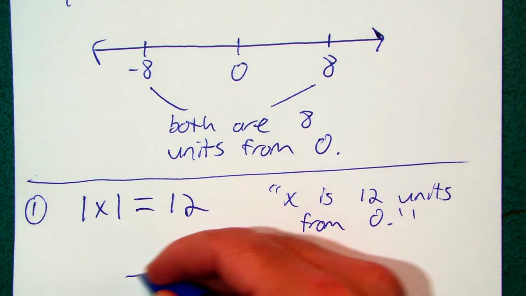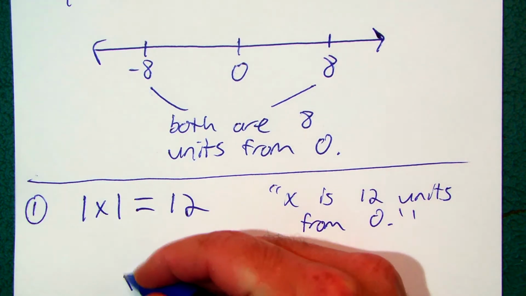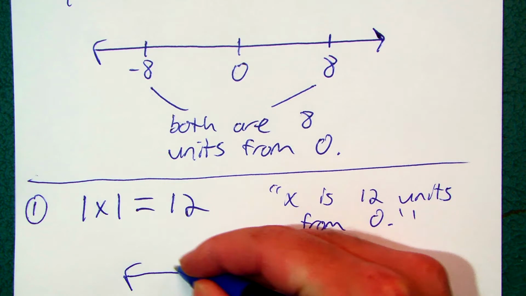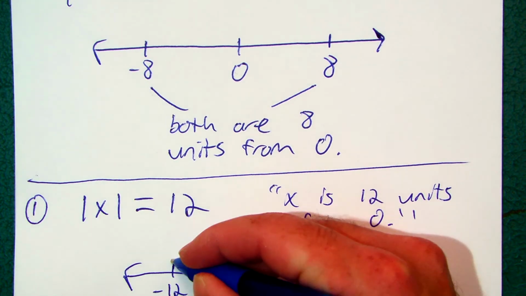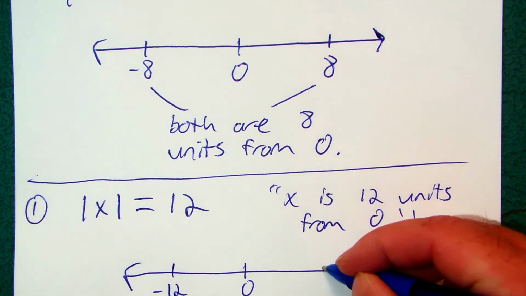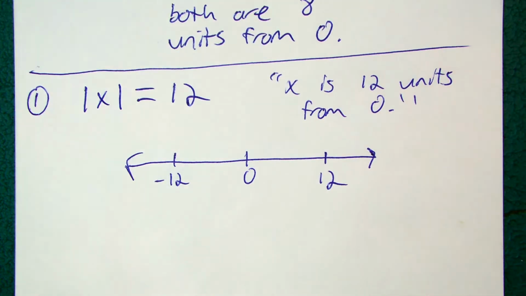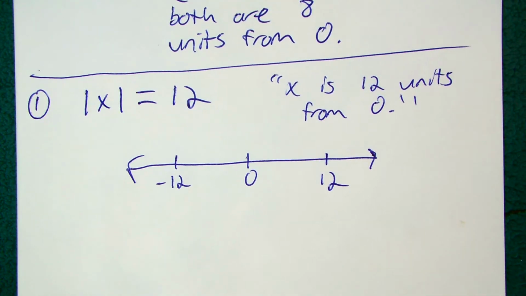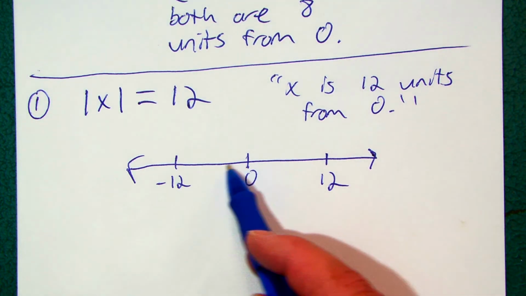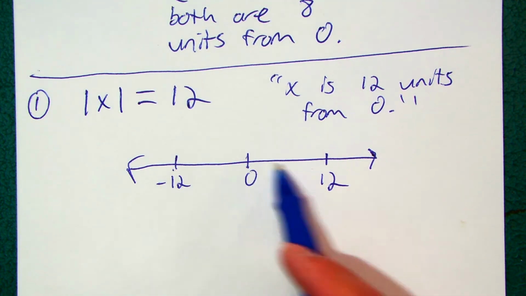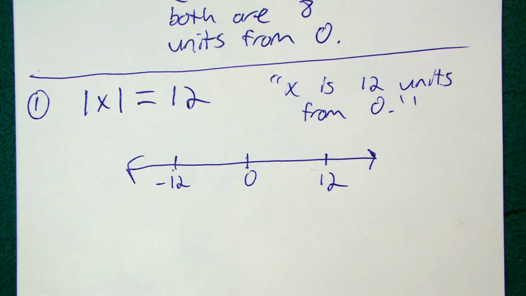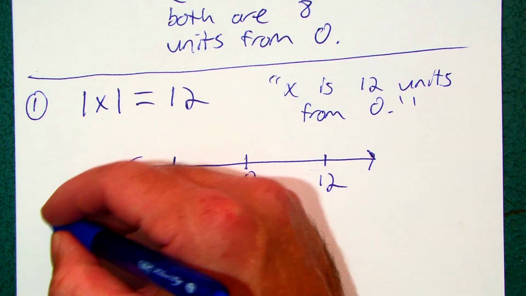So if we're looking at the number line, I'm not going to draw all the tick marks on here. But if we're 12 units from 0, we could be at negative 12 or positive 12. Doesn't matter. If I'm just saying I'm 12 units from 0, I could be 12 units to the left of 0, or I could be 12 units to the right of 0.